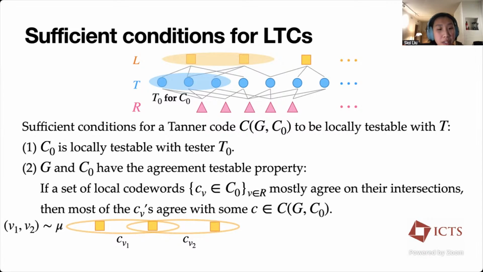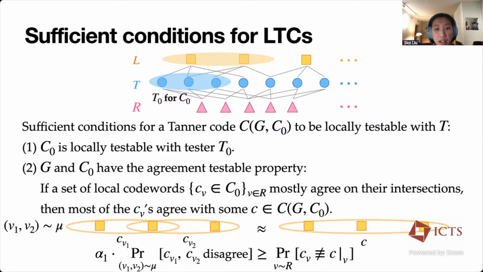And what the property is asking is that under this distribution, with very high probability, the corresponding local code words C_v1, C_v2, if they agree on their intersection, then they're very close to some global code word C inside the tensor code.